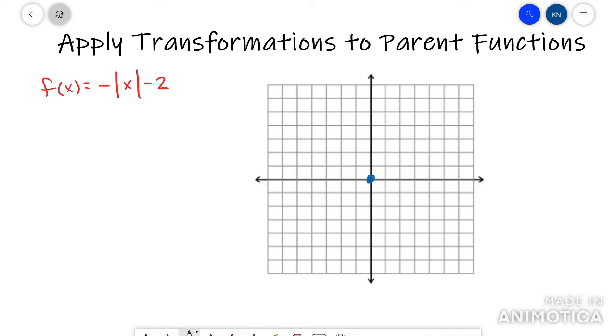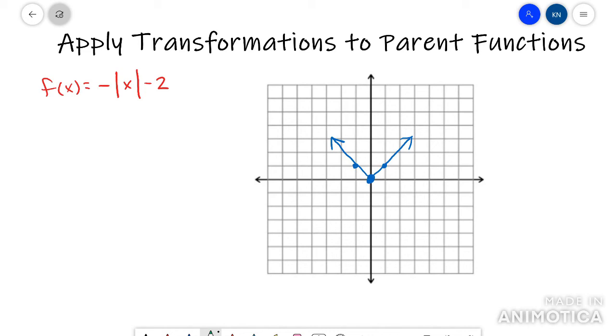So absolute value parent function looks like this. It's kind of similar to a quadratic, but not quite. Okay, and from an absolute value, my point of interest is 0, 0, and then from there I go over 1, up 1, either direction. So that's kind of what I'm keeping in my head as I move along on this problem.